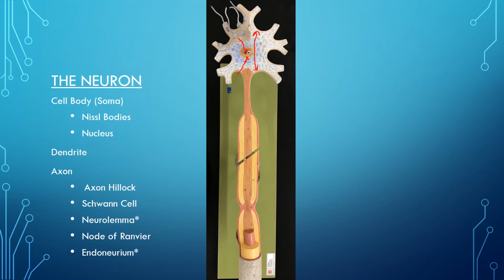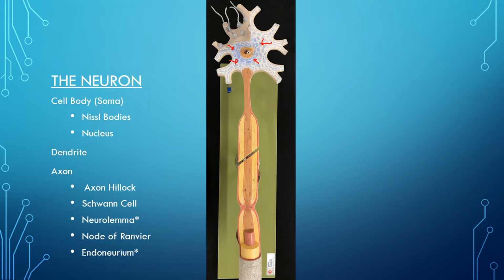You'll also see lots of rough ER and clusters of free ribosomes in the cell body. The clusters of rough ER and free ribosomes are called Nissl bodies, and the Nissl bodies are represented by the blue blobs that you see here in the cytoplasm of this cell body.